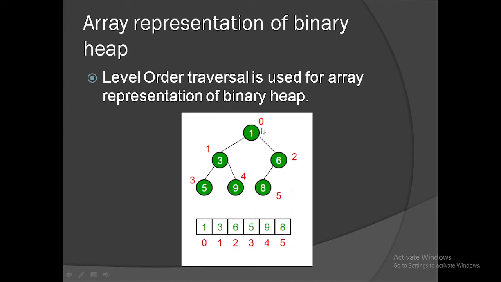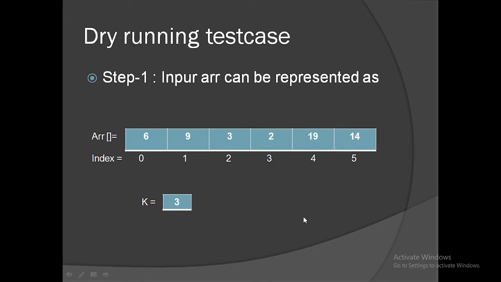So 0 index is the first, the root element, then 1, then 2, then 3 4 5. So level by level, going down, we are ordering the elements and storing them into the array.